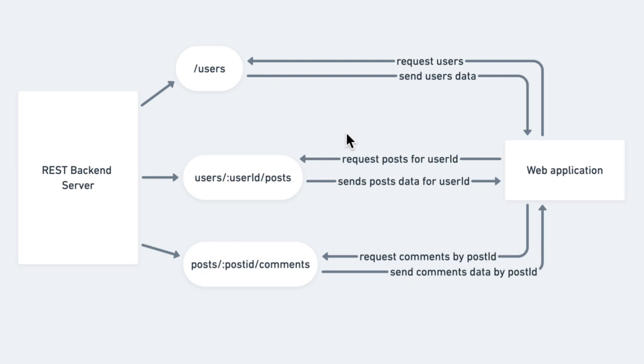Now, if we wanted data related to, let's say, all of the posts for a specific user, if you were to imagine this application to be something that has posts and comments, maybe like a blog of some kind or a forum. Well, our application would have to make a request to a different endpoint where we would maybe have to pass the user ID in as part of the data of our requests to this endpoint for all of the posts for some specific user.